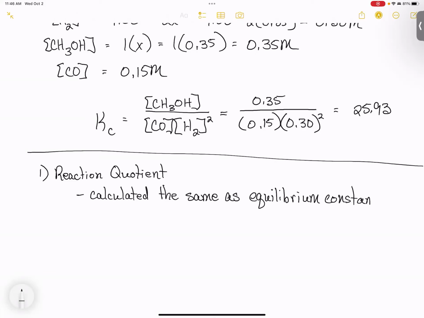But what it describes is where the reaction is with respect to equilibrium.